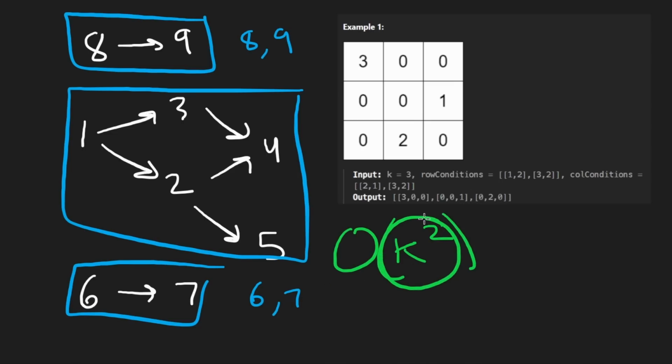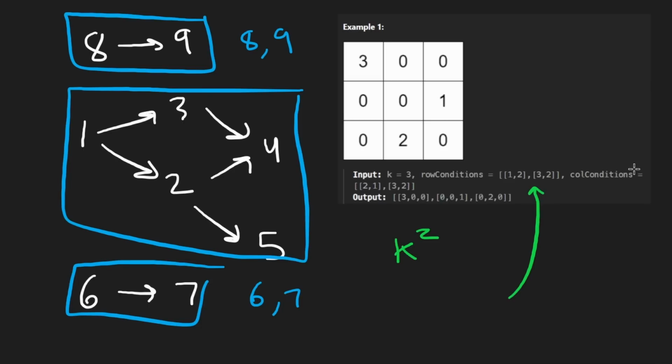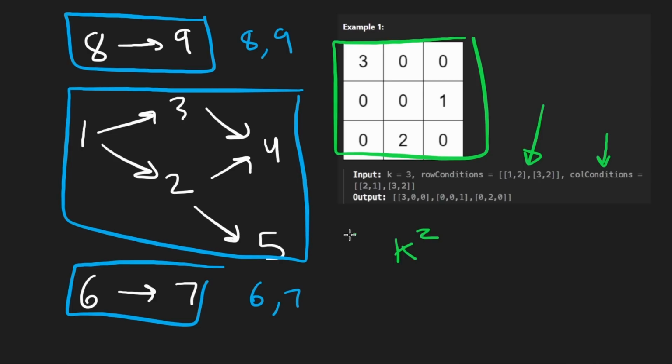I don't think it'll actually be that much. So I guess it's either k squared or the minimum of those, so just take the length of either of these. Actually, now that I think of it, if we're going to be creating a matrix like this, I think k squared is probably the most appropriate way to put it. So I'll be leaving it at that.